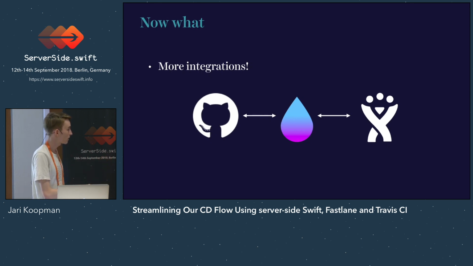We send that payload when we close a pull request to our application, which parses that data, and then we check if the branch that we merged from has a Jira story assigned to it. If it does, we close down the story, say, okay, this story is done, we merge the pull request.